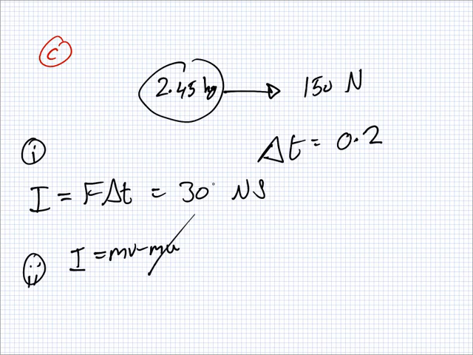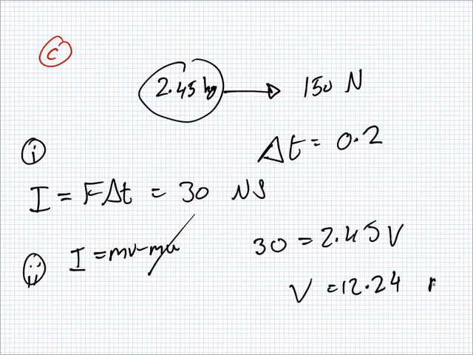So I'll knock the mu part off because it's 0. Do we know what the I is? Yes. And do we know what the m is? Yes. So could we know what the v is? That's right, we could. Is it 12.24? Yes. Did they do it like this as well?